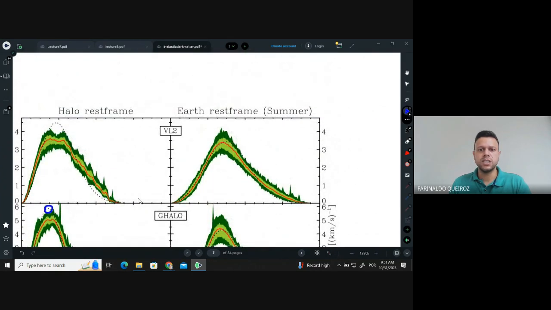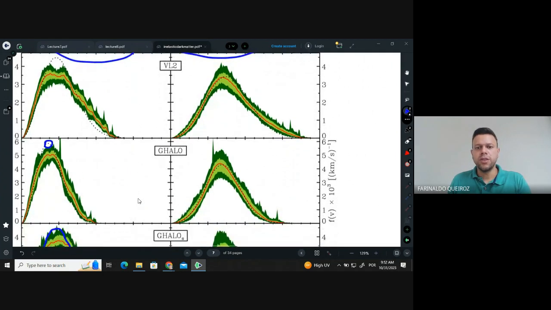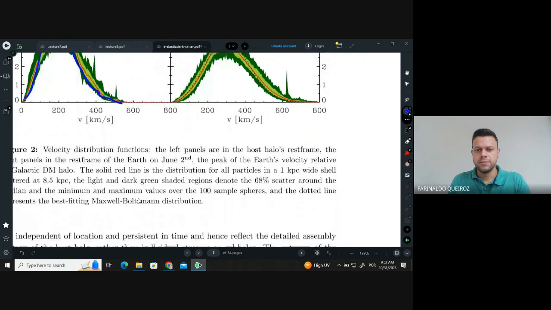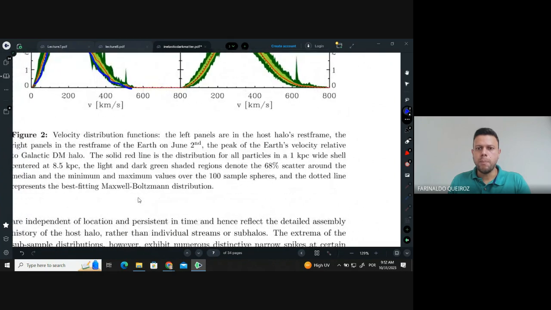No, this one you're just changing the frame, Earth frame and halo frame. From the sun location, we have a different velocity towards the halo, right? So it's smoother when you are in the Earth frame. Anyway, they all point to a velocity.